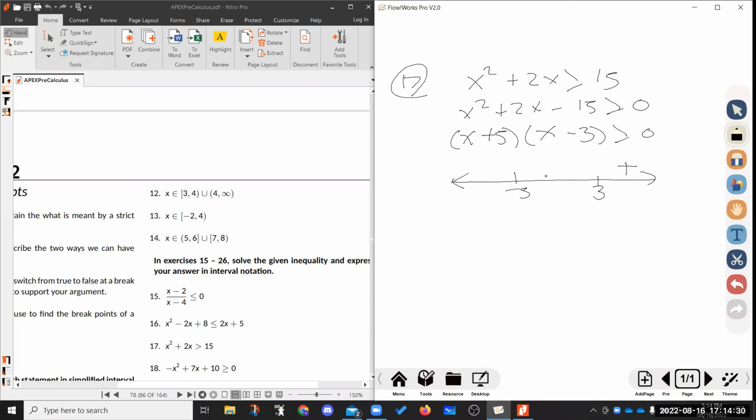My factors all have an exponent of 1, so I'm going to change sign every time. I want greater than 0 now, so my endpoints are not included. I'm going to have -infinity to -5 union 3 to infinity.